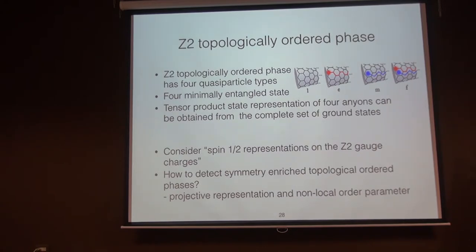And the good thing is the tensor product state is a good tool to represent the quasi-particle wave function. We just insert some string operator or choose a different boundary, and we can get a different quasi-particle wave function. Okay, so in the following, we will consider a spin 1/2 representation on the D2 gauge charge. And then I will show you how to detect the symmetry enriched topological order phase.